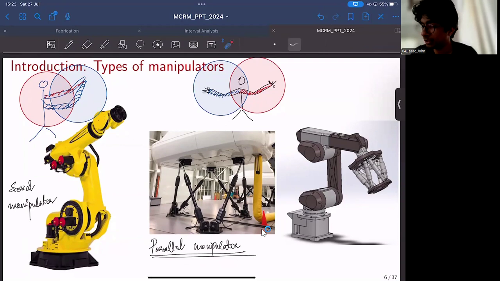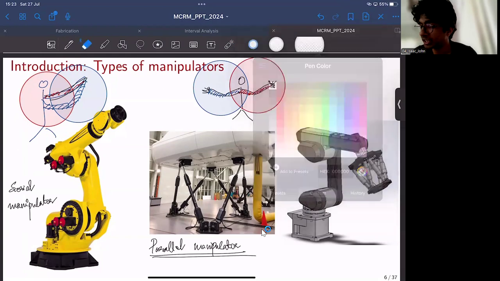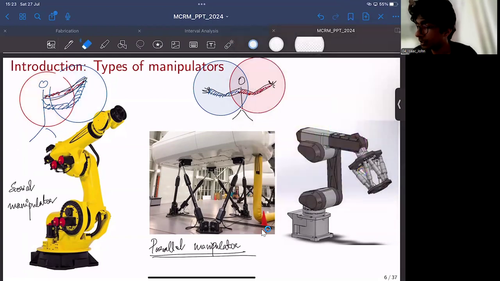For example, if the blue circle is the workspace of the left hand alone, and the red circle is the workspace of the right hand alone, the total workspace of the parallel structure of the left plus the right combined would be the intersection of the left as well as the right circles.